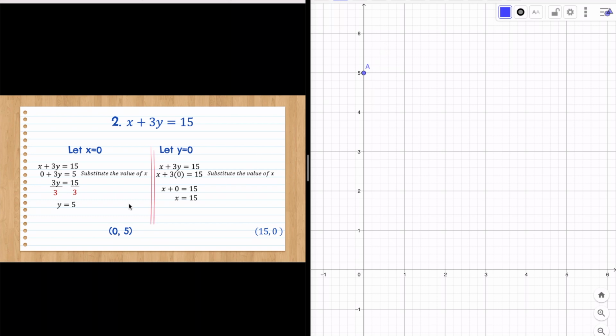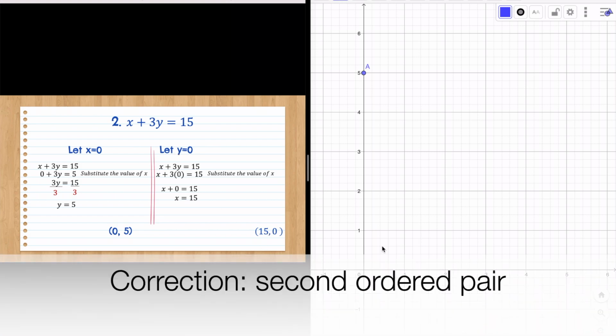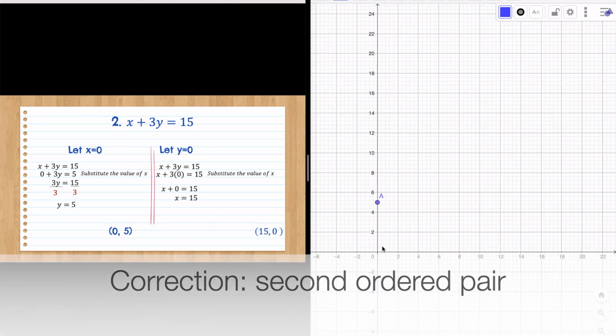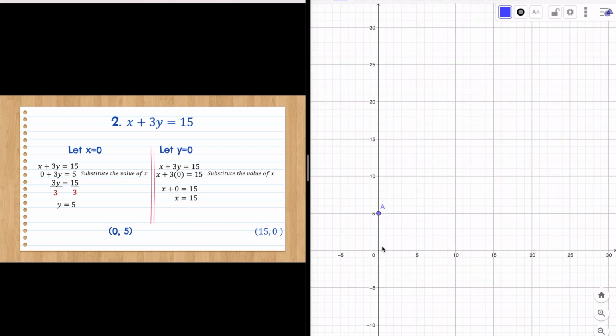And then, yung second ordered pairs natin, you have 15, 0. So, kung 15, 0 yan, 15 yung x, 0 yung y. So, ito yung second point. Ayan. And then, again, connect those 2 points.